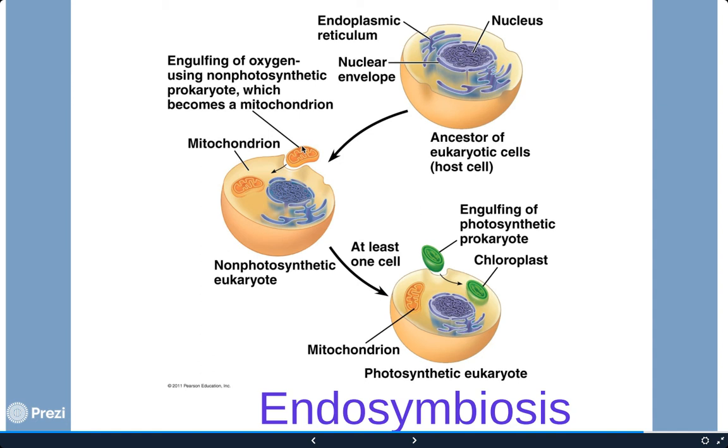So the idea is also that chloroplasts were the same thing, that they were single-celled photosynthetic organisms that were absorbed into larger cells and then just became a permanent part of the larger cells. They get protected from the environment, they get fed, and then they provide a service to the cell itself.